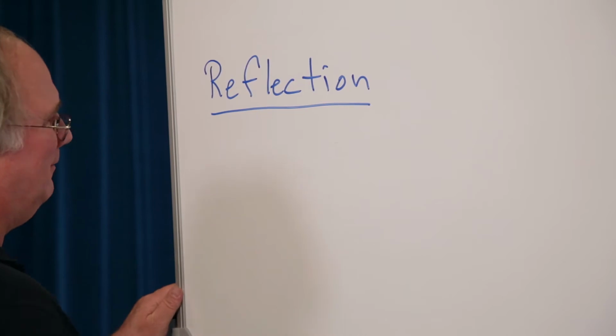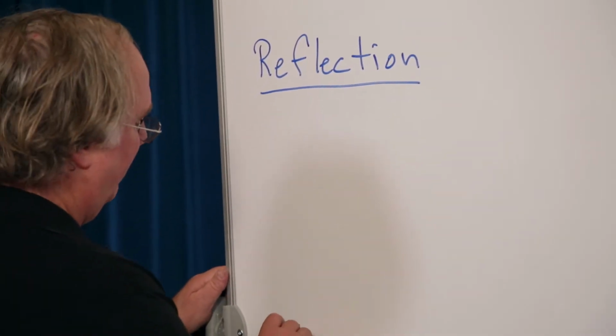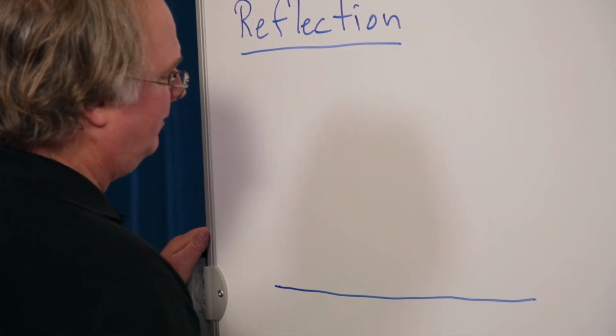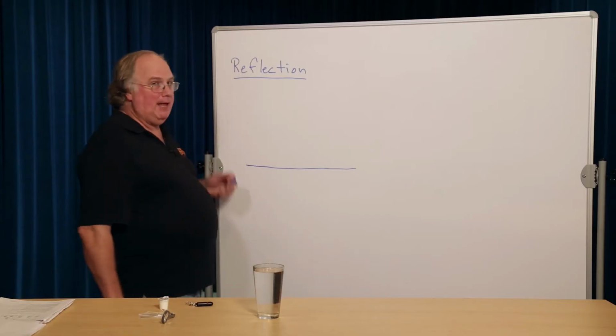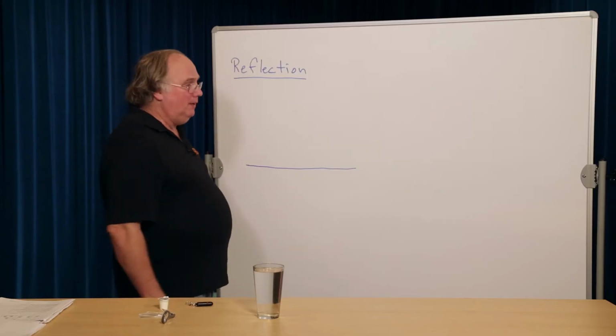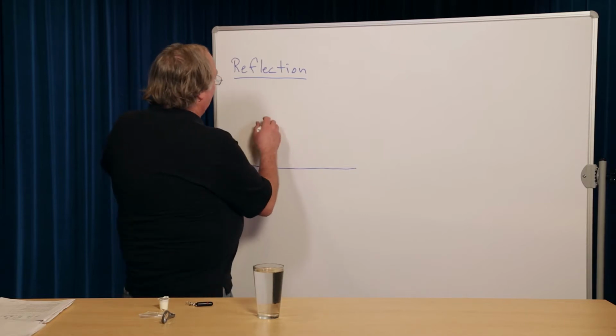Okay, so the first thing is reflection. Reflection is what happens when you have a smooth, flat surface like a mirror or the top of a glass of water.